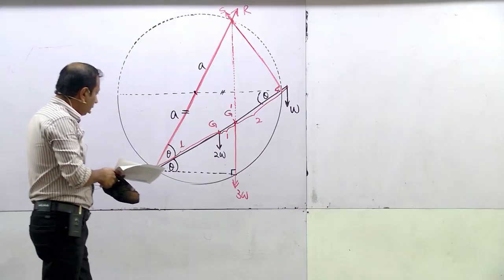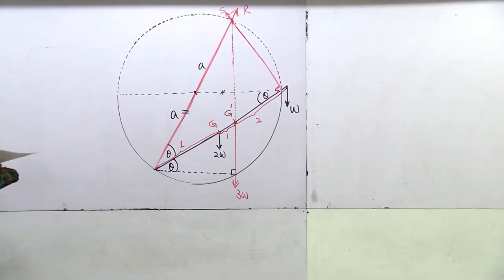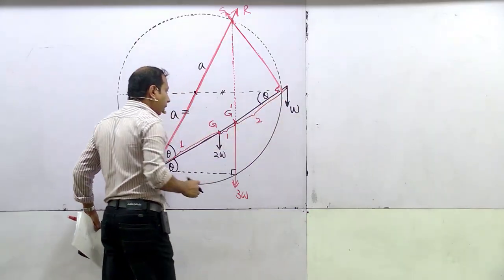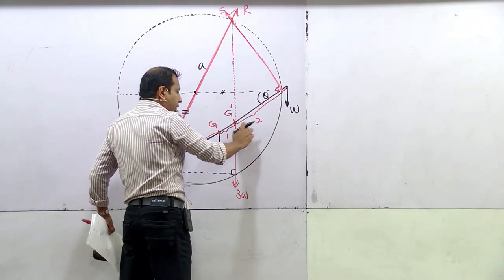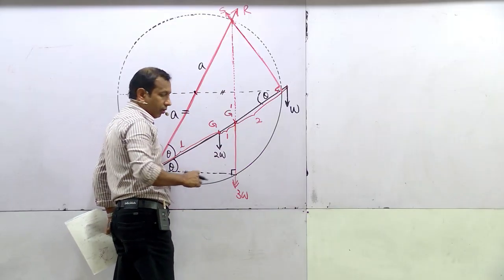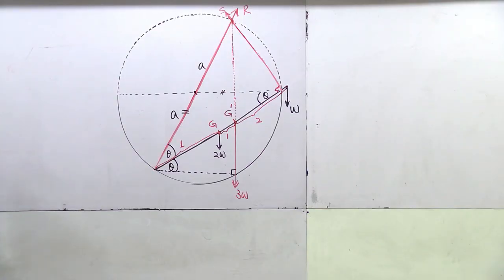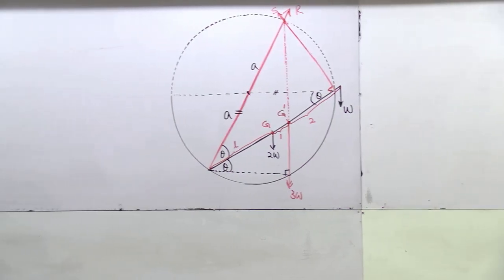GG dash length, how to find that? The whole length from here to here is L. That should be divided by 1 plus 2, 3. Then multiply this by 1. Then we can write GG dash whole length is L divided by 3 multiplied by 1.